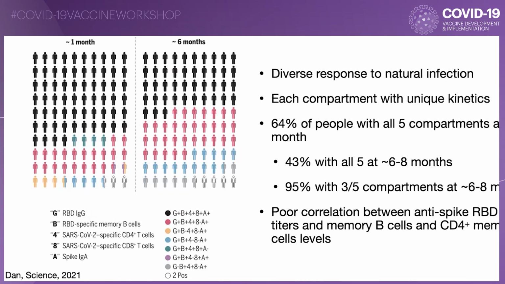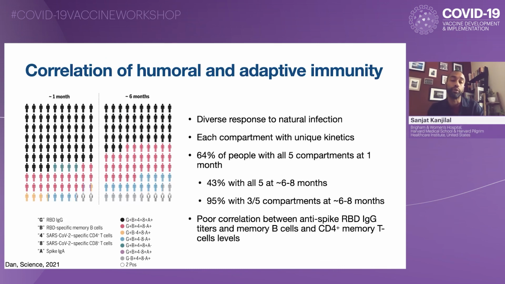However, when they tried to correlate anti-spike RBD IgG titers from ELISA to the presence of memory B cells or CD4 memory T cells, the correlation was very, very poor. So if we were trying to understand the T cell or B cell memory response, it is not really possible to do that using our clinical diagnostics for antibodies.